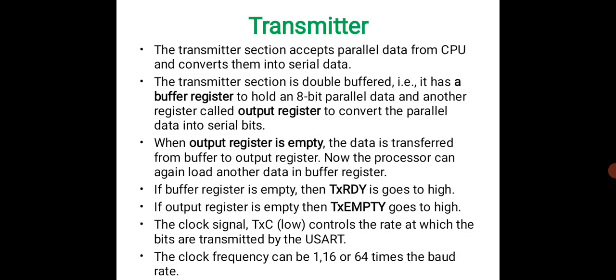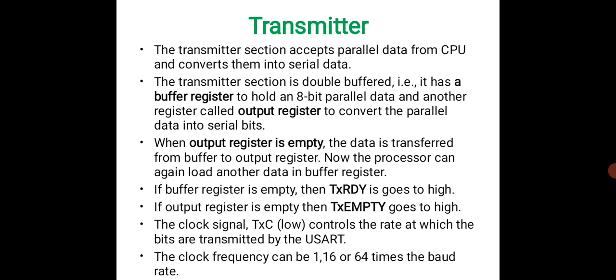And coming to the transmitter section, the transmitter will accept parallel data from the CPU and convert that into serial data. The transmitter section is double buffered, which means that it has a buffer register to hold 8-bit parallel data, and it also has another register, which we call the output register, to convert this parallel data into serial bits.